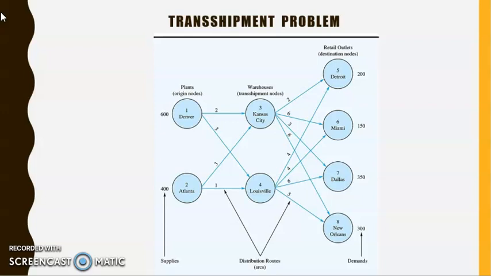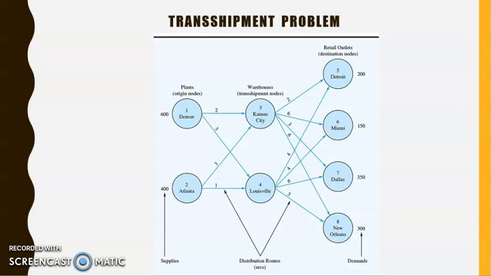And of course, in more real networks, we have many of them. And the good news is that when you know how to deal with transportation problems, it's very similar to handle transshipment problems. And we are going to do that together.